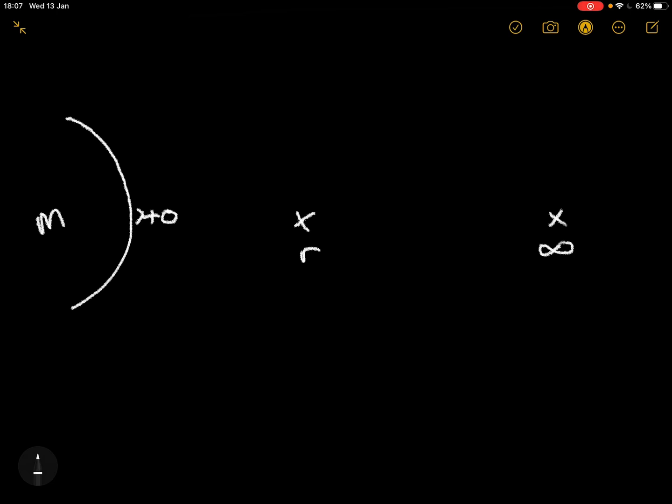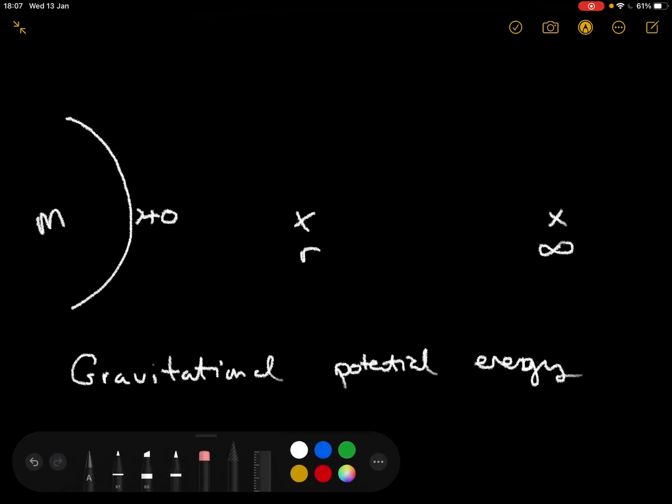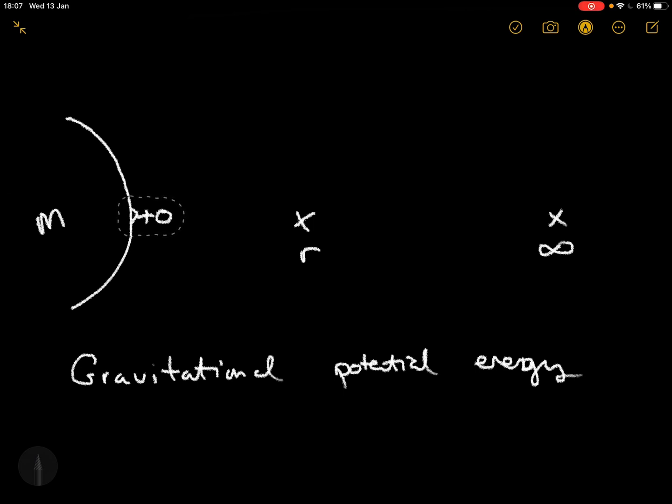And what we will talk about is the gravitational potential energy is going to be defined as the energy required to move an object not from the surface of the planet to a distance r, but from infinity to a distance r. How much work is done going from here to here? Now that sounds somewhat counterintuitive, but there's a reason for that.